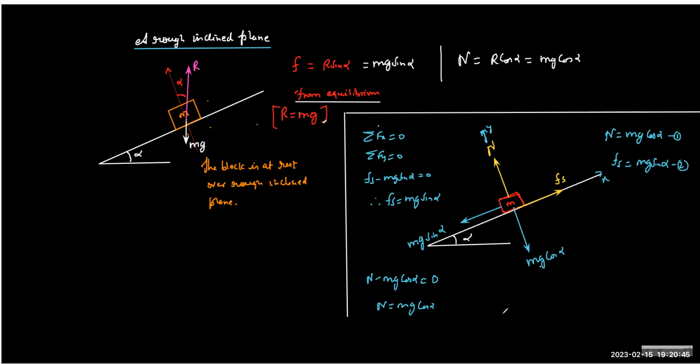If something is at rest, then you can always make net force 0 along any direction, because if something is at rest, it is at rest in all directions. Therefore, choose some suitable xy coordinates and write the net force equals 0 to get the answer. And what could be more suitable than assuming x and y along the plane and perpendicular to the plane?